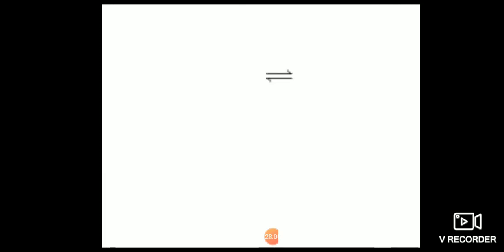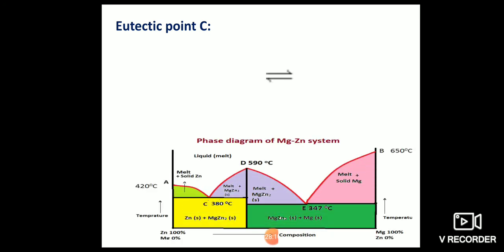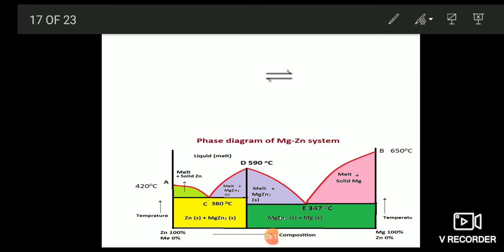Now coming to the next parts of the system. Eutectic point C. As we have discussed in the earlier slide, at point C three phases are present.